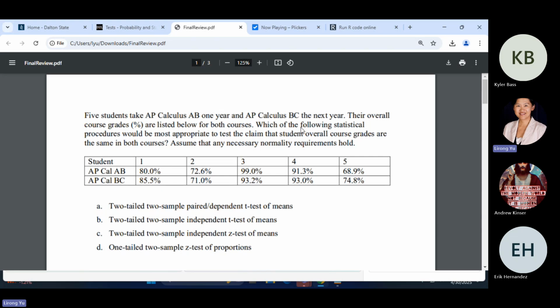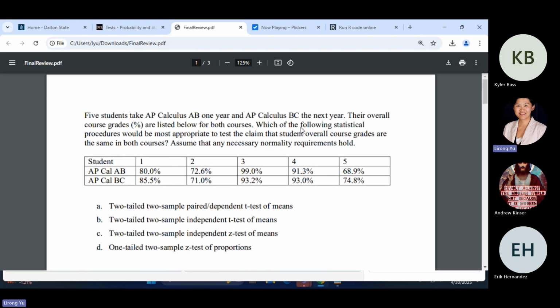So it's a paired t-test. B is independent, meaning they would have to be different students taking them. But the data are from the same students: student 1, student 2, students 3, 4 and 5. Because they are all from the same students, there's a relation between the two sets of data, so they're not independent. So it should be A.